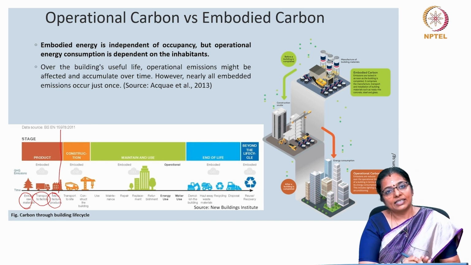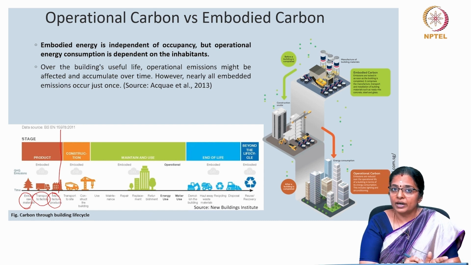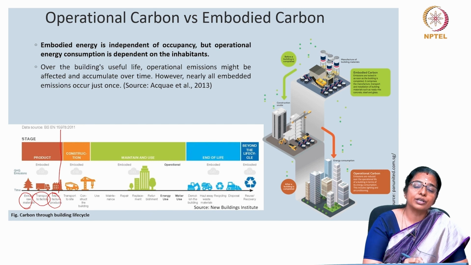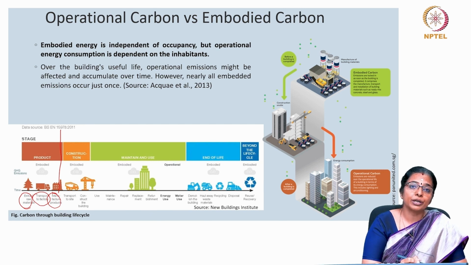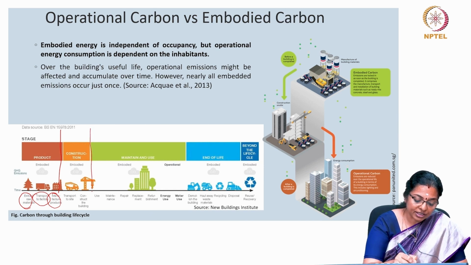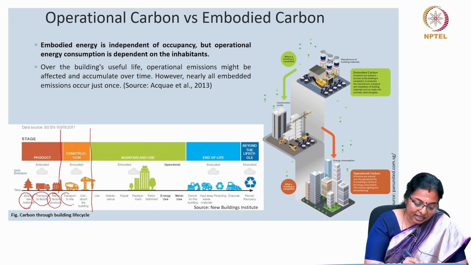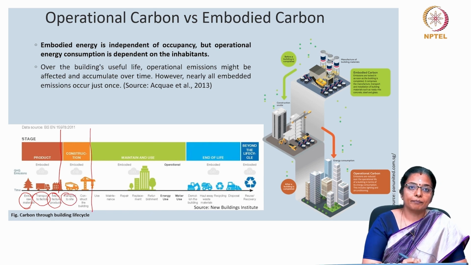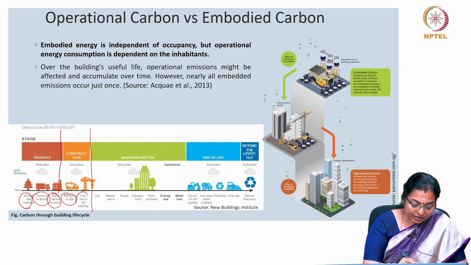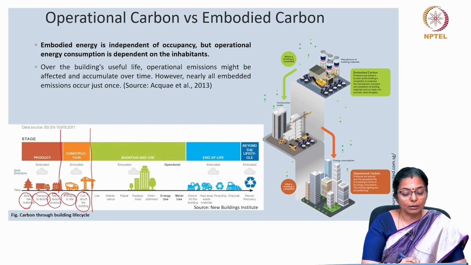I had given an example of comparing two different materials, brick and aluminum, for you to understand what goes into the embodied energy of a particular product. Then you have embodied energy during construction, where the product is transported to the site and the building is constructed using that particular product.